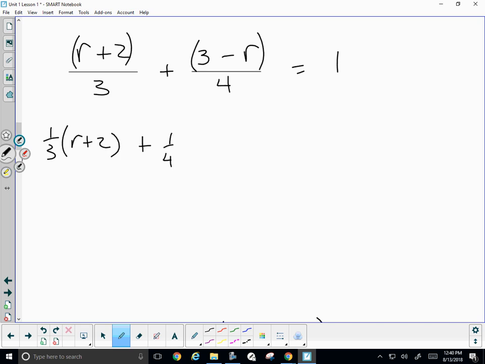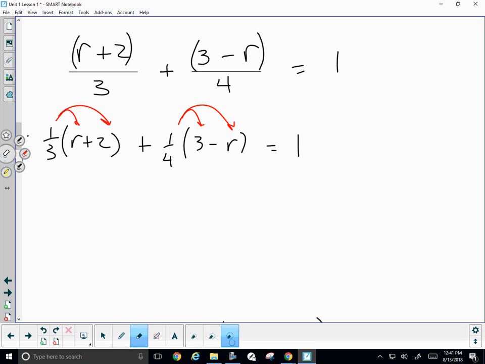And say, hey, that's not r plus 2 over 3, that's 1/3 times r plus 2. And this is 1/4 times 3 minus r. And then we can distribute and then combine our like terms and then remove stuff to solve. So that's one way you could do things.